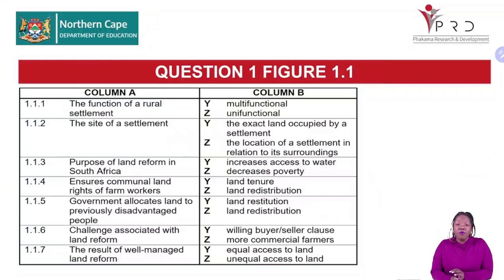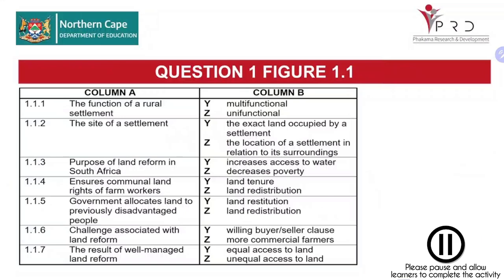So you take down where you are writing your answers. For your 1.1.1, you will be choosing Y or Z. If it's Z, you write Z. If it's Y, you write Y. And then after that, you will be able to do the corrections. So I'm going to give you these 7 minutes. After 7 minutes, we then proceed to the correction.